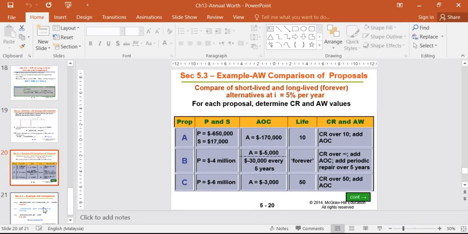Then that one we got a life. CR is over 10 at LC. CR over infinity at LC and at period.